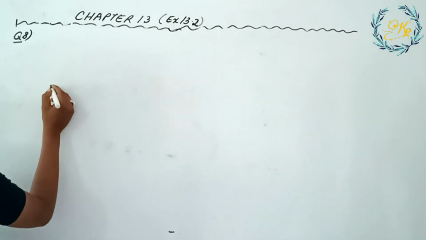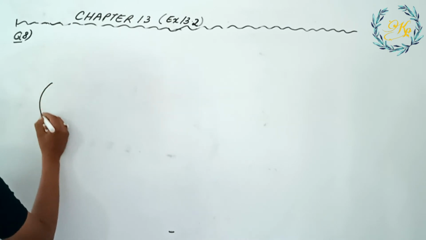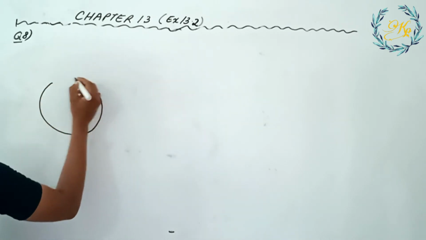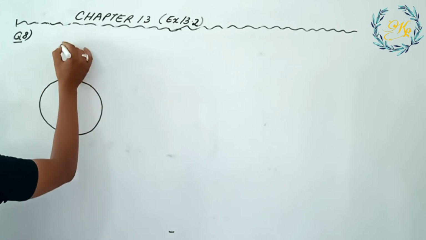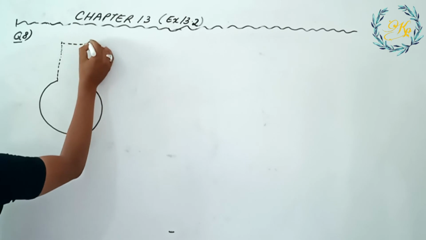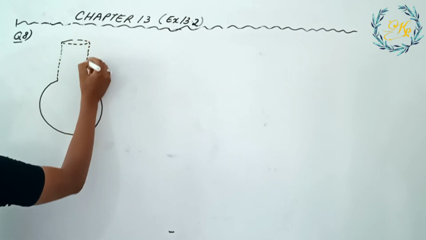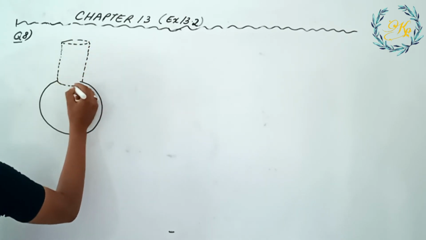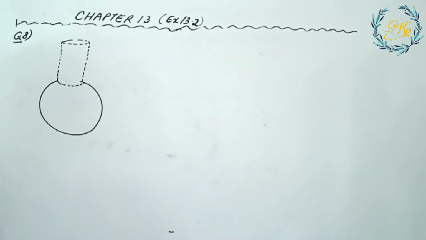So draw the spherical glass vessel first. Okay, and then we have the cylindrical neck of it. So we will draw the cylindrical neck with a dotted line. What is given to us? We are given here that the cylindrical neck is 8 cm long.